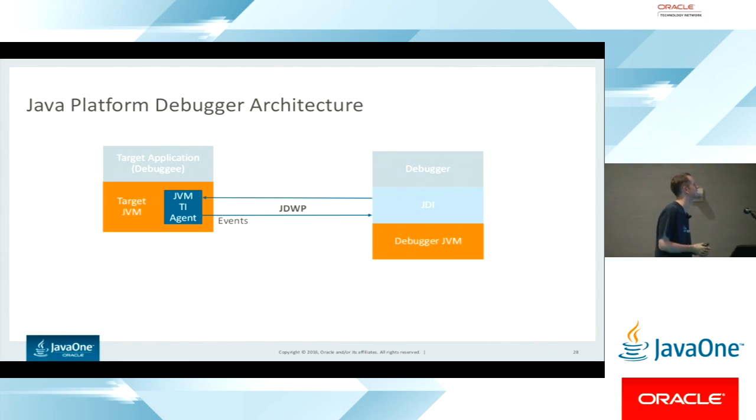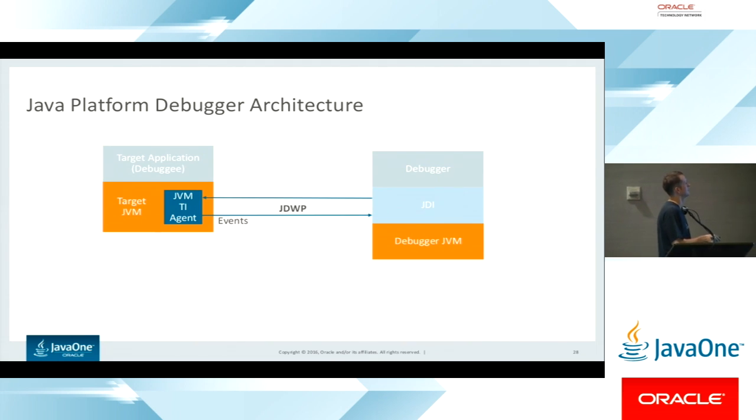So here's what the architecture looks like. The idea over here on your left is you have your application that you're trying to debug, running on the target JVM, and it is hosting an in-process JVMTI agent. JVMTI is the JVM Tool Interface, and we'll go into a lot more detail about what that means in later slides.